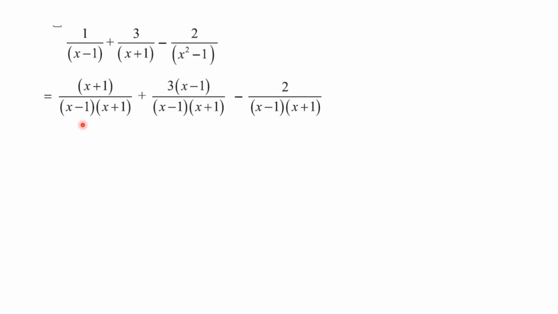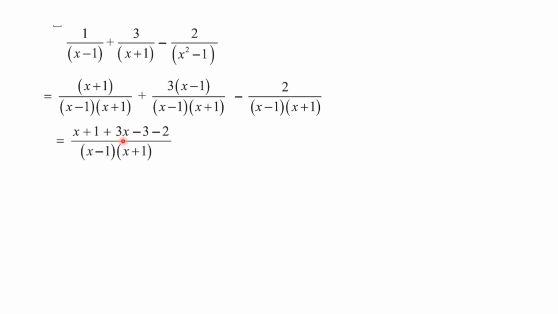If you want to find this common denominator, what are you supposed to do? You have to write these values here, then find the LCM. This is the LCM of these 3 expressions.